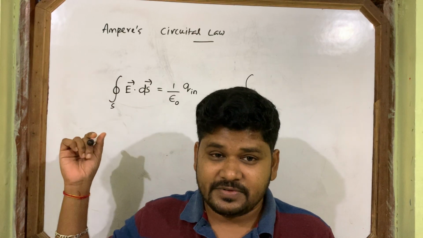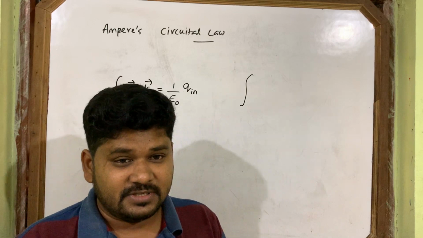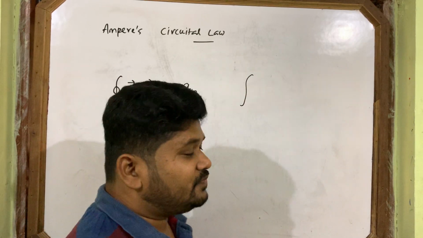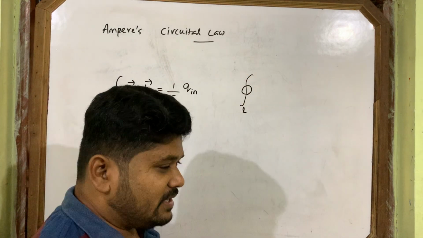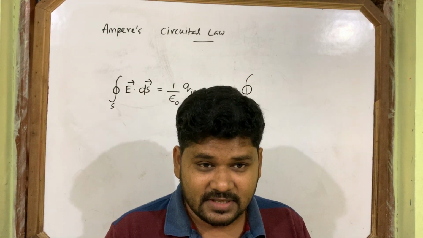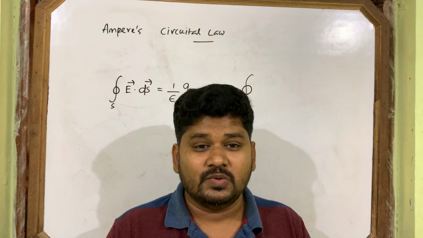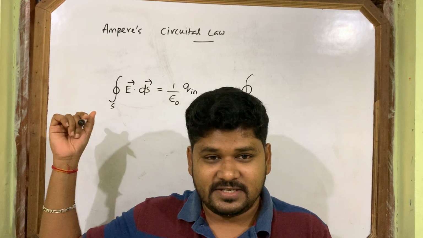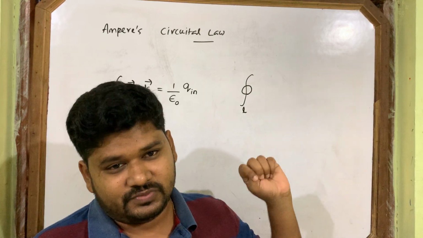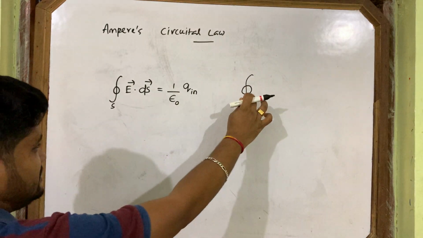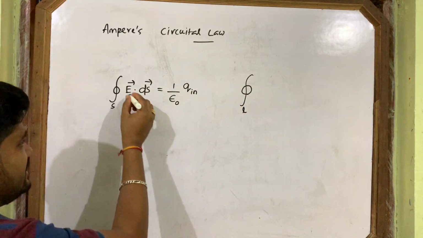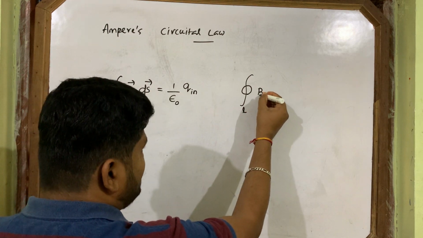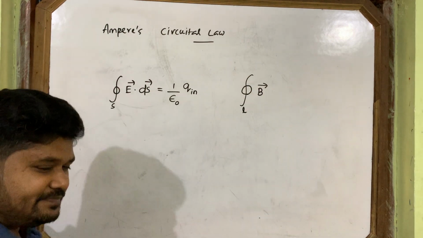Here the closed surface is called a Gaussian surface, and here the closed loop on which we apply it is called an Amperian loop. Both are closed, but this is a surface and this is a line. Here is electric field and here is magnetic field.